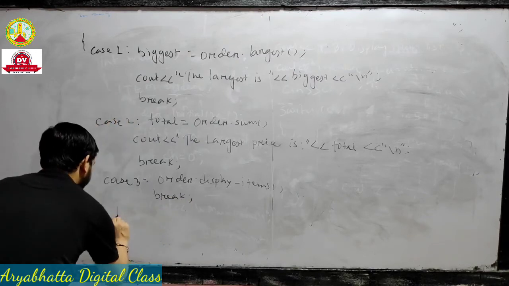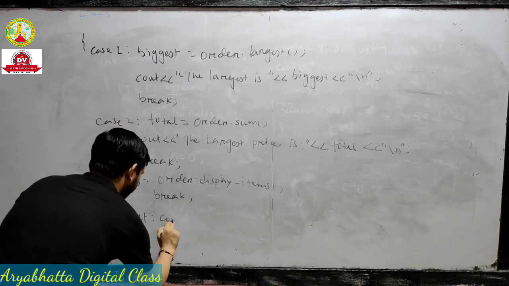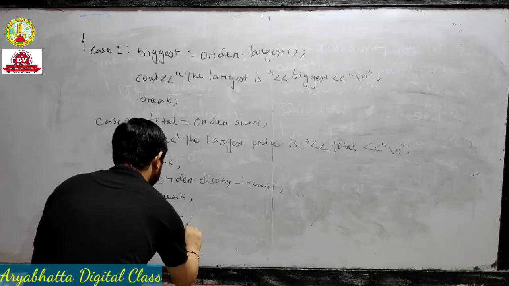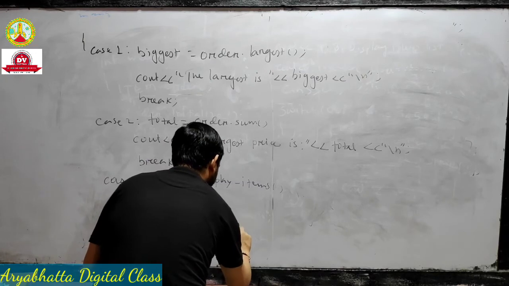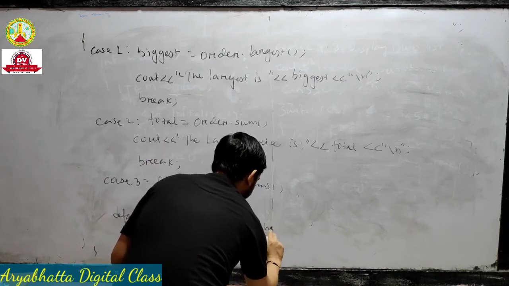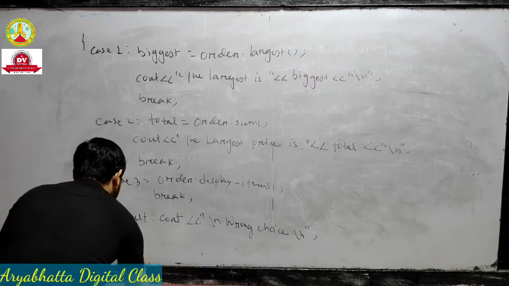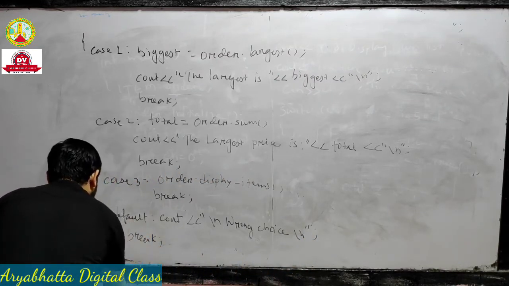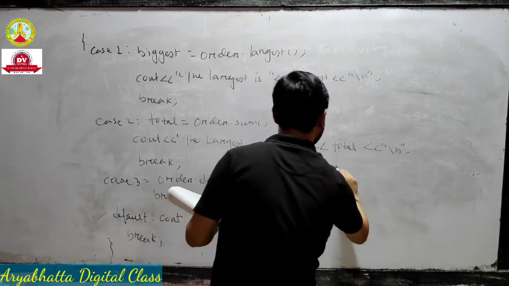And the last is for the default statement, okay? Default case, because your cases are from 1 to 3. If you take 4, this is a wrong choice. Wrong choice. Break, okay?